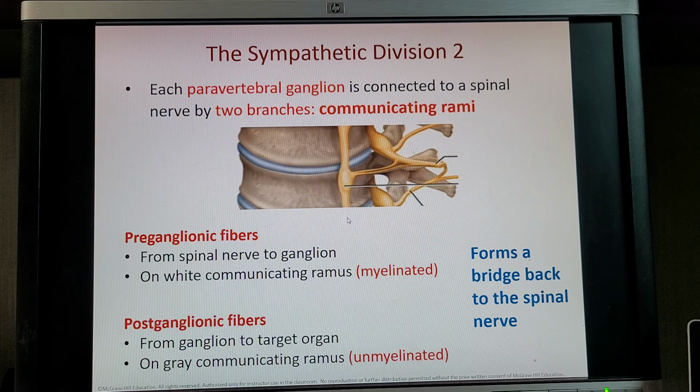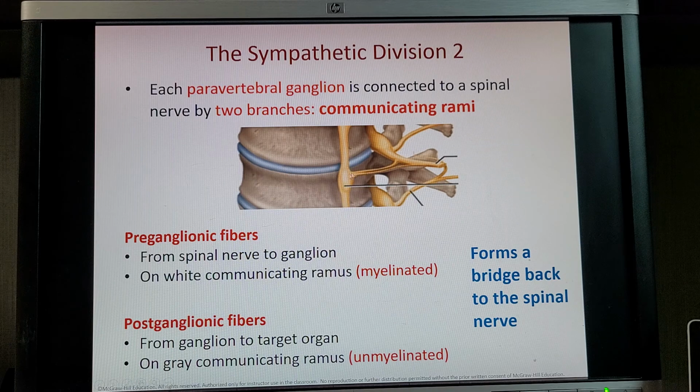Okay, so there are different ways of bridging between the spinal nerves that we used to exit out of our spinal cord, and then getting to the preganglionic, getting to the ganglion, and then exiting to get to our target. So one way that it uses is called the communicating rami.